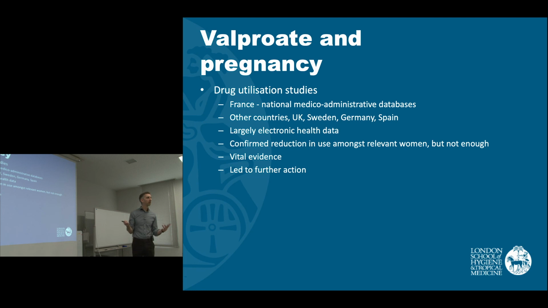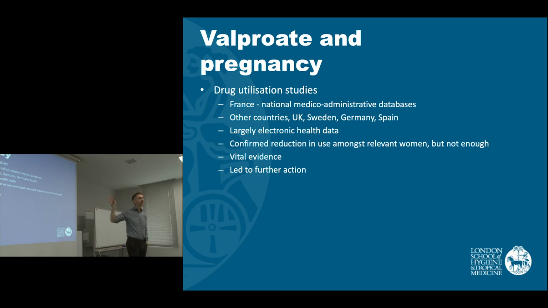But they also involved other countries, including the UK, Sweden, Germany, and Spain. Now, there are 28 countries in the European Union, and this isn't all of them. And this is an interesting thing that happens in the EU: they won't do a study just in one country, but they will very rarely, if ever, do a study in 28 countries. So they will get an idea of what's happening in a range, but it won't be all of them.